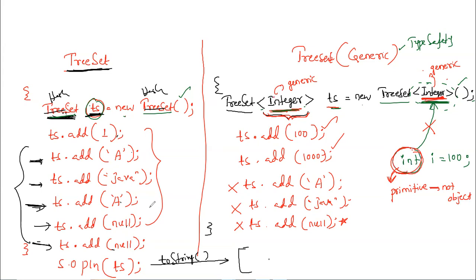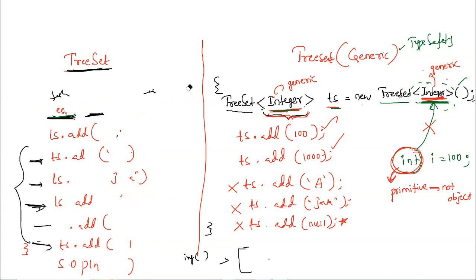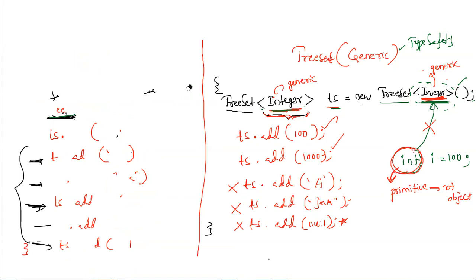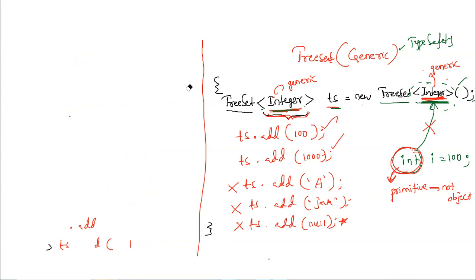Then what is allowed? Object types. Then what is the object type for integer? Do we have any object for this integer? For every primitive data type, there is a corresponding object class also.